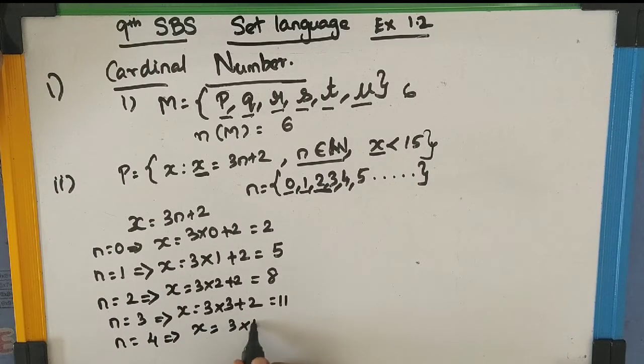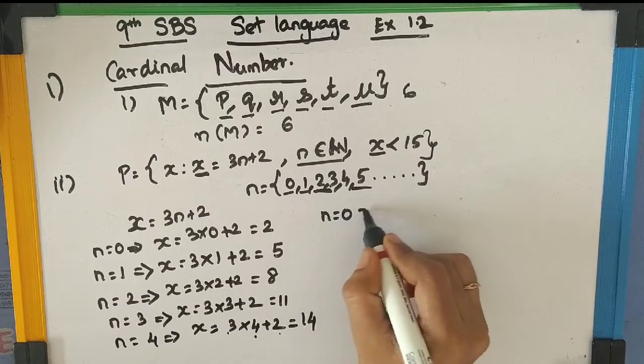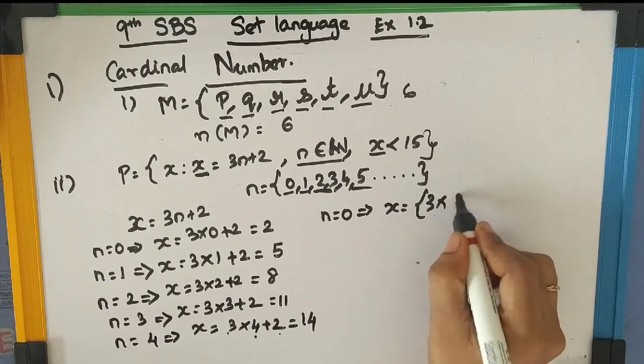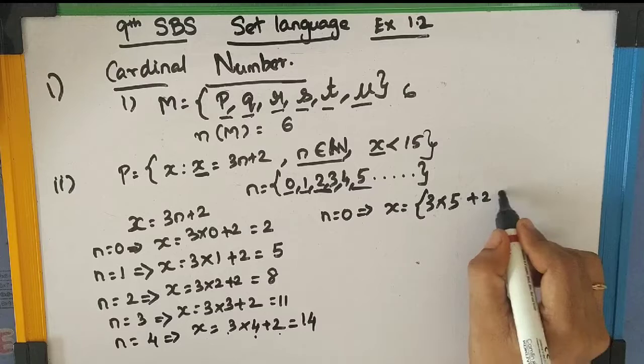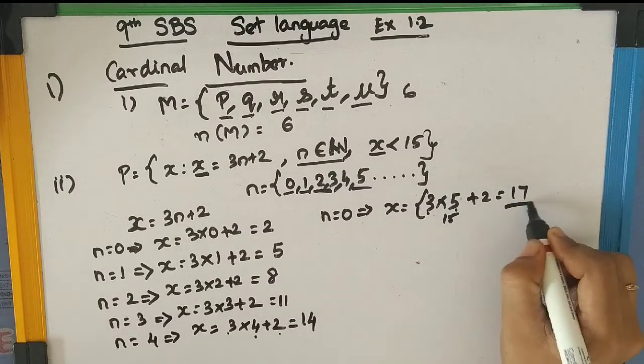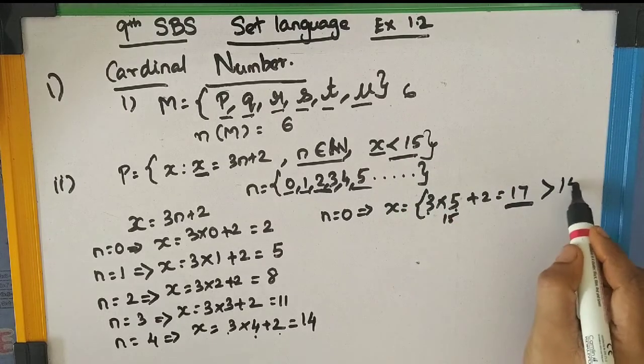So x is equal to 3 into 4 plus 2, that is equal to 12 plus 2, 14. Next, n is equal to 5. When n is equal to 5, x is equal to 3 into 5 plus 2, that is equal to 15 plus 2, 17. So, this is greater than 15.